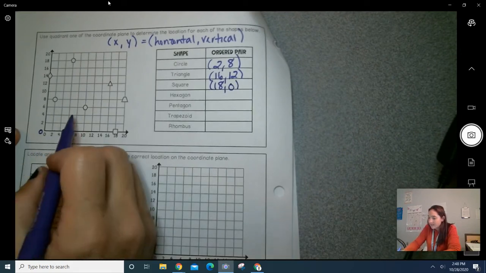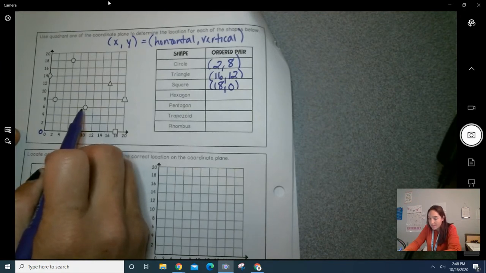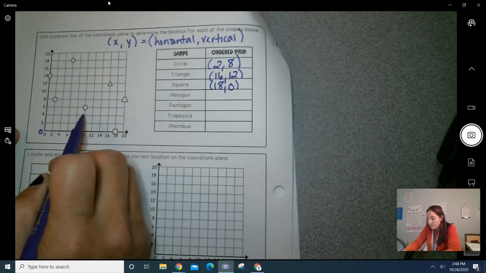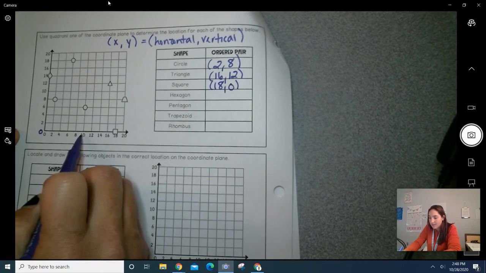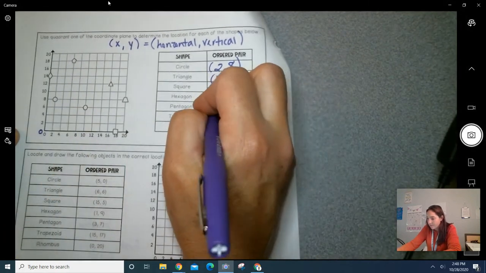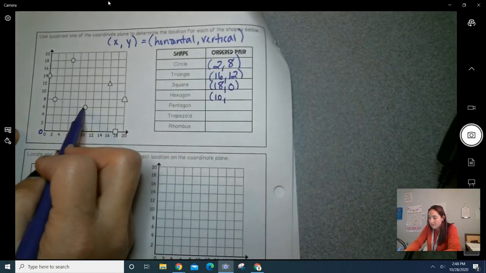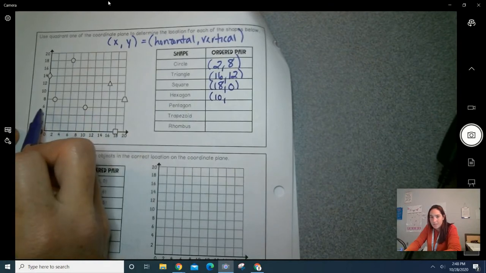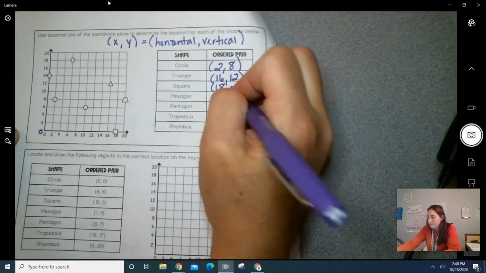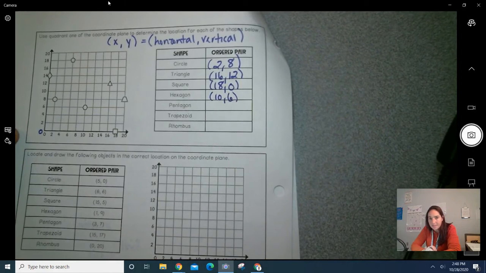The hexagon is at the point 10 on my horizontal axis. So we're going to write 10 first. And on the vertical axis, it's at the point 6. So the ordered pair is 10, 6.